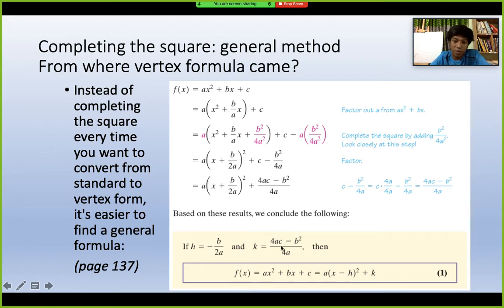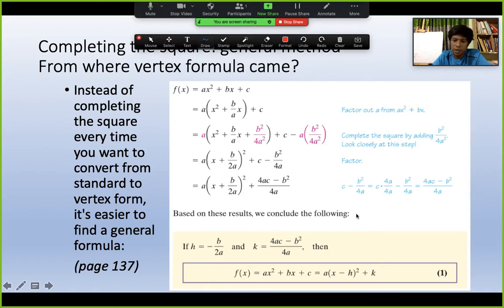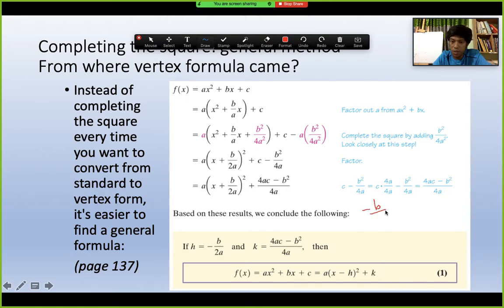So instead of doing this calculation, we used the other method. We said: find minus b by twice a, and then the y value is f of minus b divided by twice a.